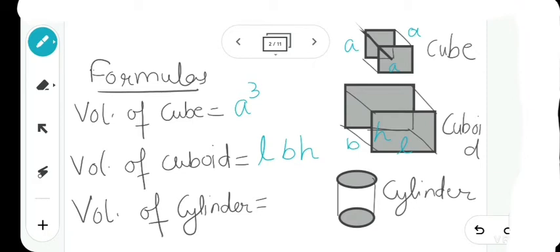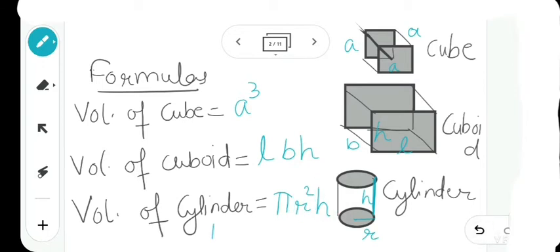Next, we are having cylinder. Now, you know in cylinder, we have a radius of this circle and this straight line we call height. So, the volume of cylinder formula is pi r square h. We have to do square of radius and height we have to take 1 time.